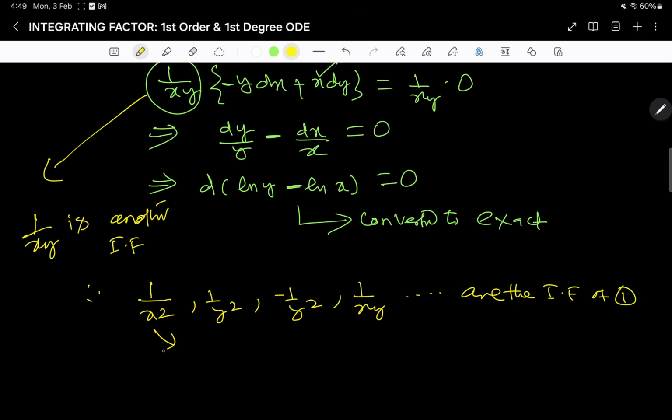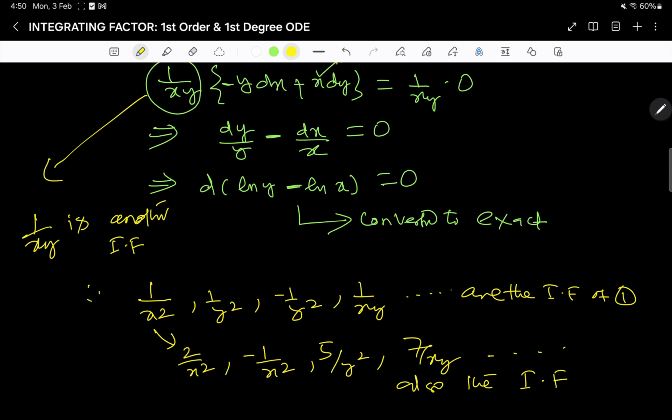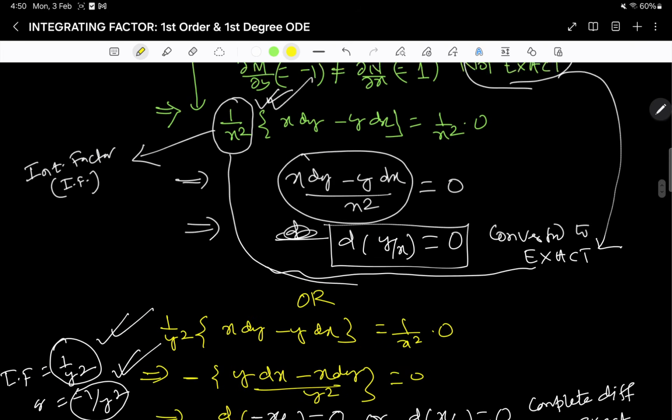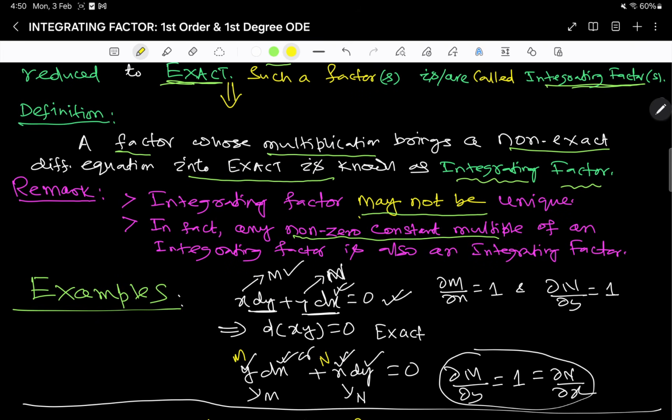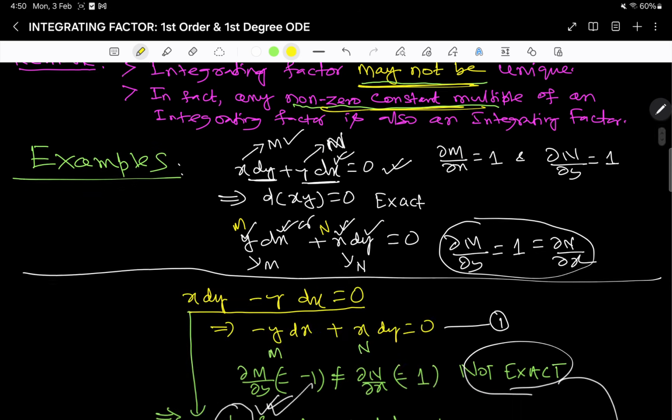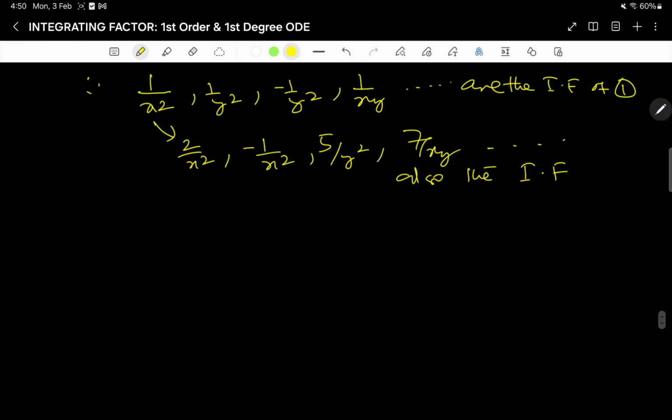If I say 2 by x square, minus 1 by x square, 5 by y square, 7 by xy, any multiple of these is also an integrating factor. So the remark that the integrating factor may not be unique is clear now, and in fact there are infinitely many integrating factors.